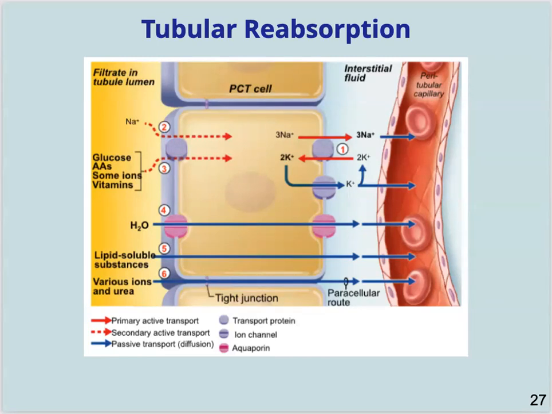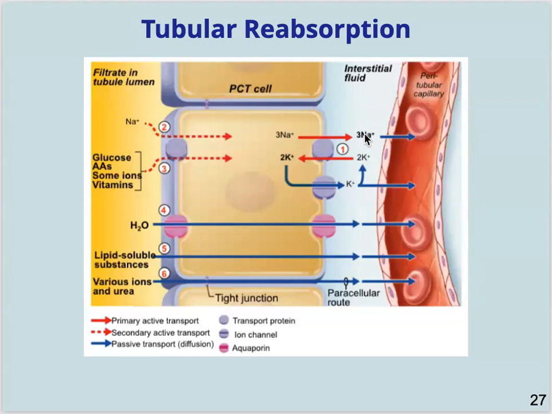Okay, so the steps of tubular reabsorption. Well, sodium being the most abundant cation in filtrate, its reabsorption is through a primary active transport mechanism. In other words, it's using the sodium potassium ATPase to pump sodium against its concentration gradient, from a place of lower concentration to a place of higher concentration.